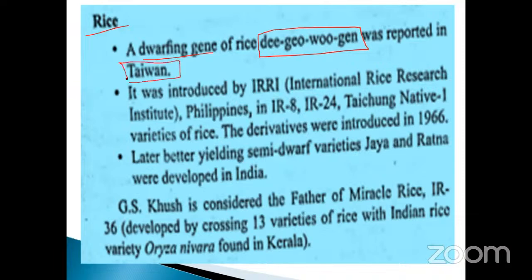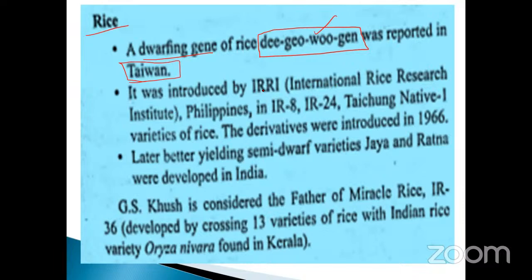It's another country. Taiwan, which is like the rice bowl of India, Tanjavur, isn't it? So likewise, here the rice variety is also introduced. The name is Dee-geo-woo-gen, which was reported in Taiwan.